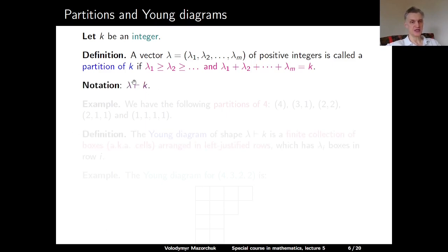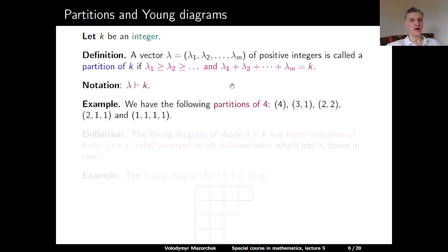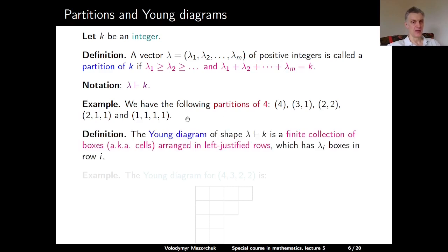And this is the usual notation: lambda is a partition of k. So for example, for the integer k equal to 4, we have the following partitions of 4: 4, then 3 1, 2 2, 2 1 1, and 1 1 1 1. So we have in total 5 different partitions of 4.